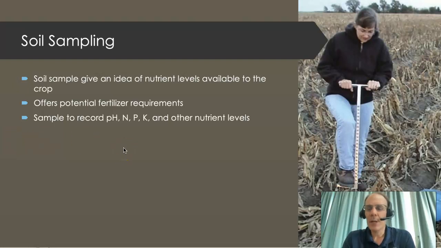We often pull soil samples and measure the amount of nitrogen, phosphorus, potassium, and other nutrients, as well as determining the level of soil pH to determine whether we need to apply lime or modify our fertilizer management practice based on the soil pH.